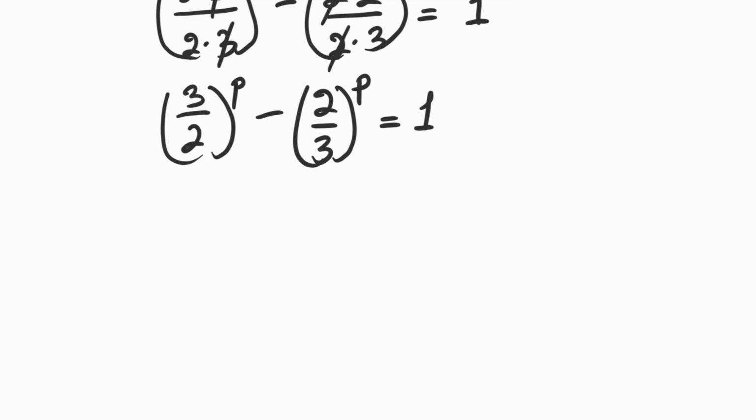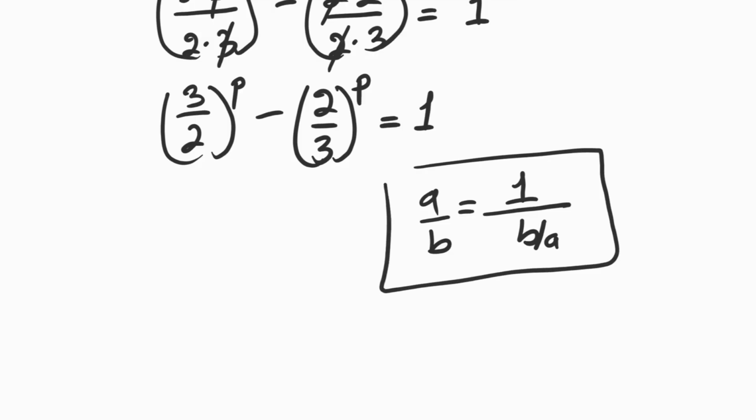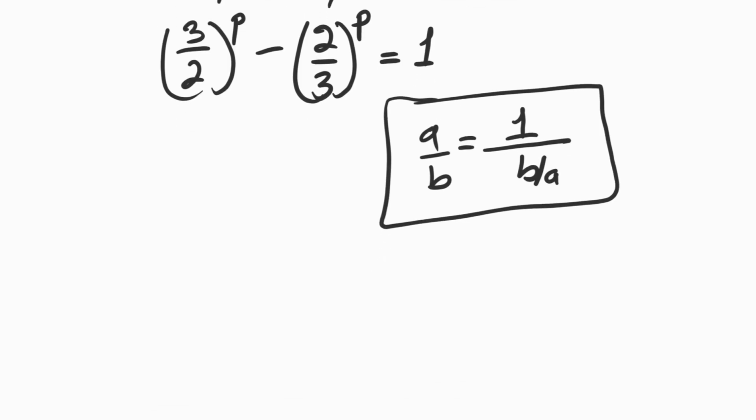Now we know that if we have, for instance, a over b, it is the same thing as 1 divided by b over a. So now, having this in mind, let's rewrite 2 over 3 raised to the power p.